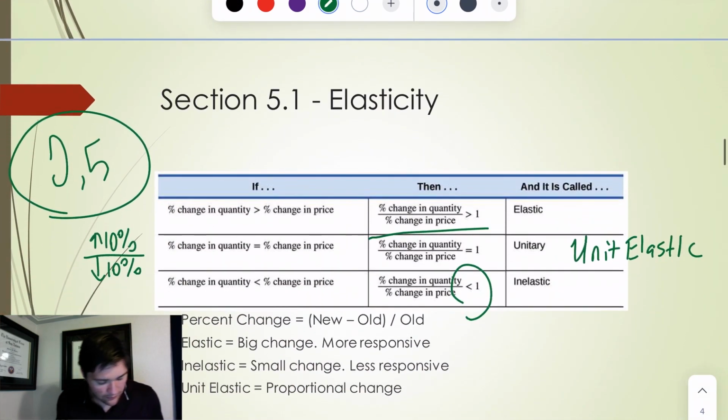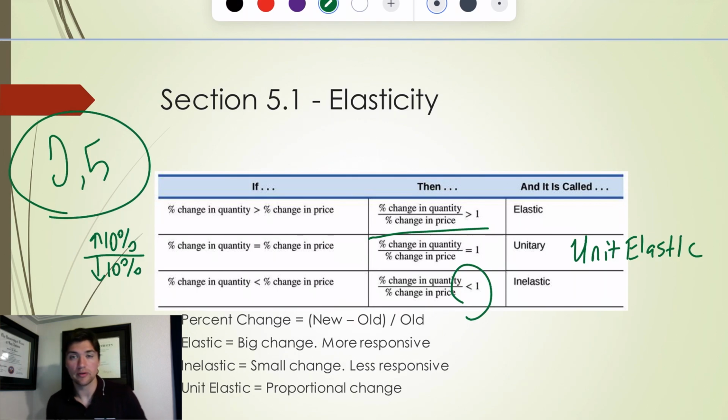Now, if you're wondering about the negative, I love where you're thinking. So with demand, if price goes up, quantity will always do what? Go down. So you'll always have a negative number, right? So because you'll always have a negative number, what we'll do is we'll take the absolute value of the number.